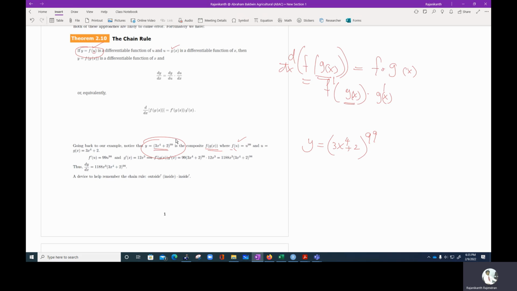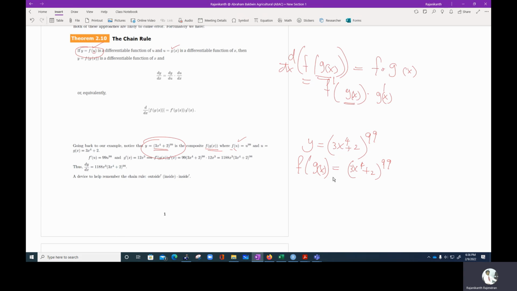If this is the case, then we will get f of g(x), that is given here: (3x to the power 4 plus 2) all to the power 99.